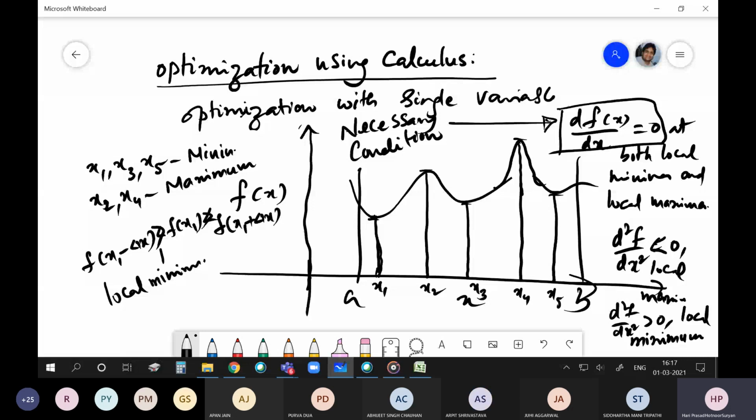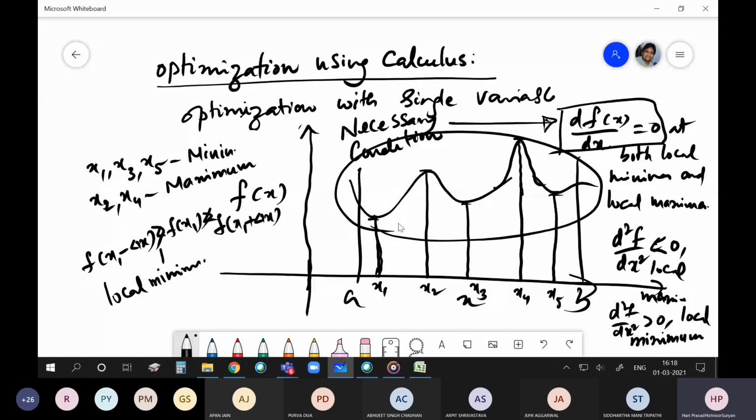How can we say that whatever we get, the local minima is the global minima or the global maxima? For that we need to investigate further. We should know the nature of the objective function.